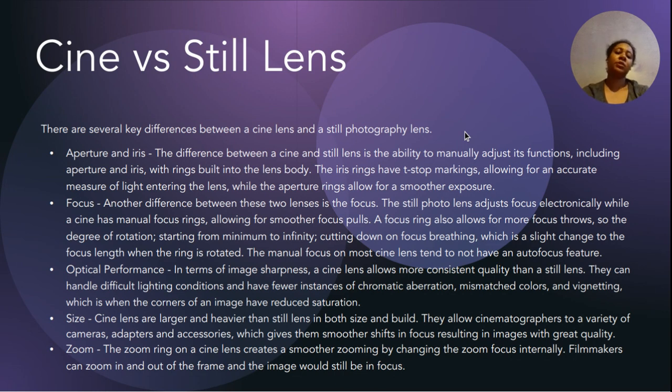But it has few instances of chromatic aberration, mismatched colours, and vignetting, which is when the corners of the image have reduced saturation. That means the file is raw. You can shoot raw, but you need to go and see a colorist once the editing process starts.